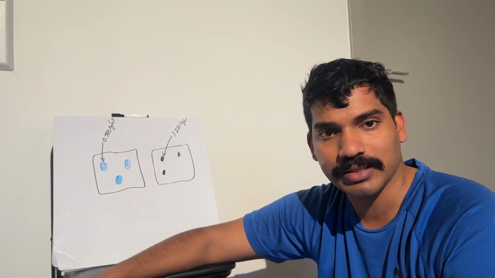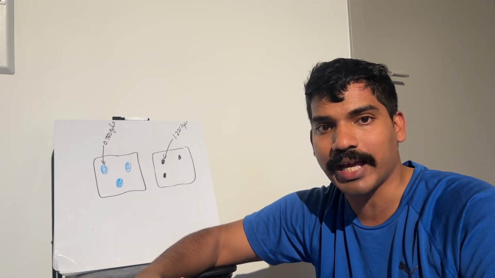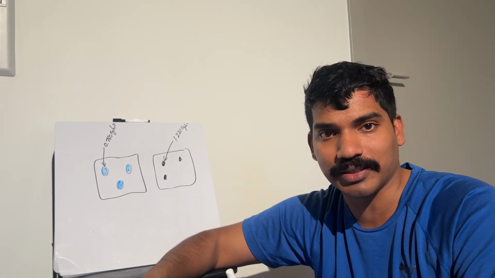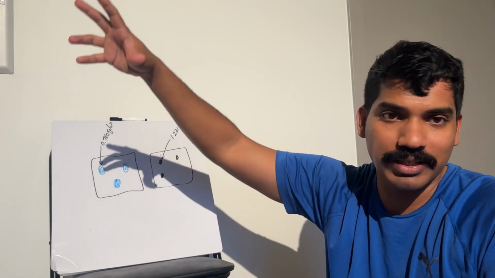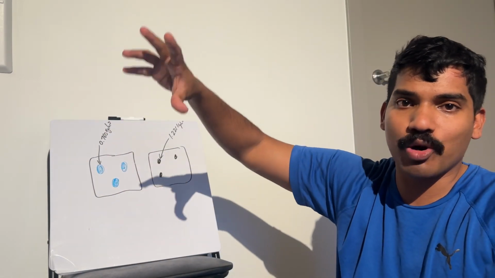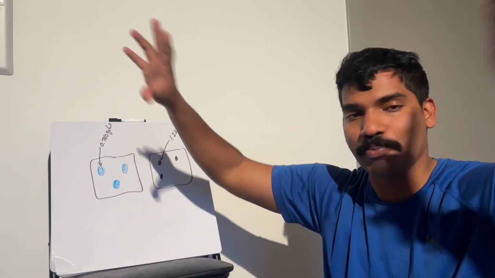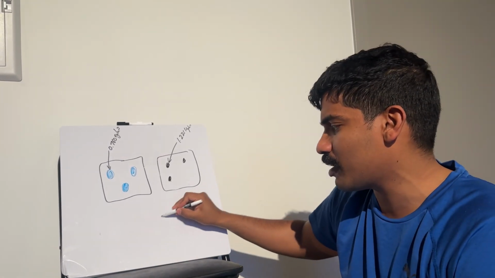And also there's the effect of gravity, right? Gravity is pulling all the air molecules towards the center of the earth. So as we move away from the earth, the effect of gravity decreases and the air molecules keep spreading out and the density keeps decreasing. I'll just draw a small diagram to show you.